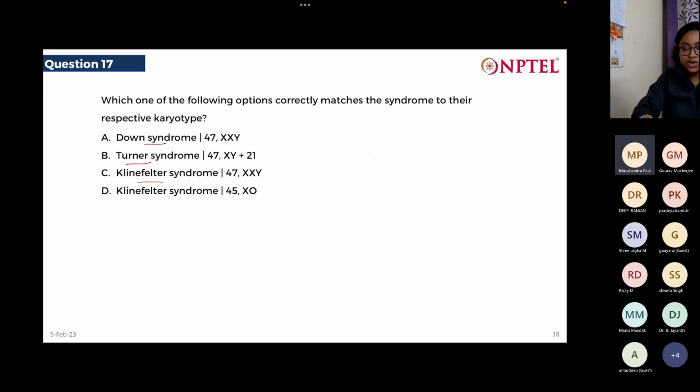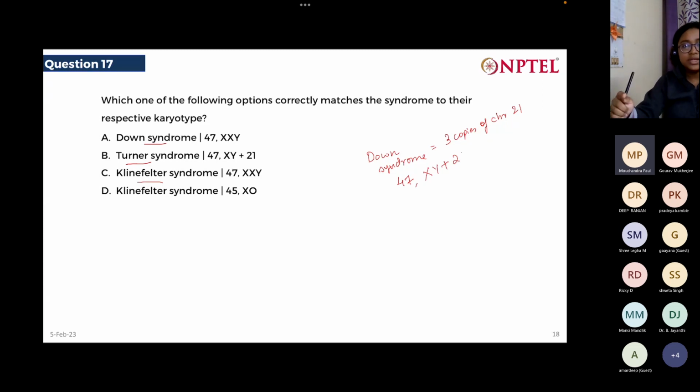In Down syndrome, what happens? The individual who has Down syndrome has 3 copies of chromosome 21. So if we represent that person's chromosomes, it will be 47, and there will be one extra 21 chromosome in it, right?